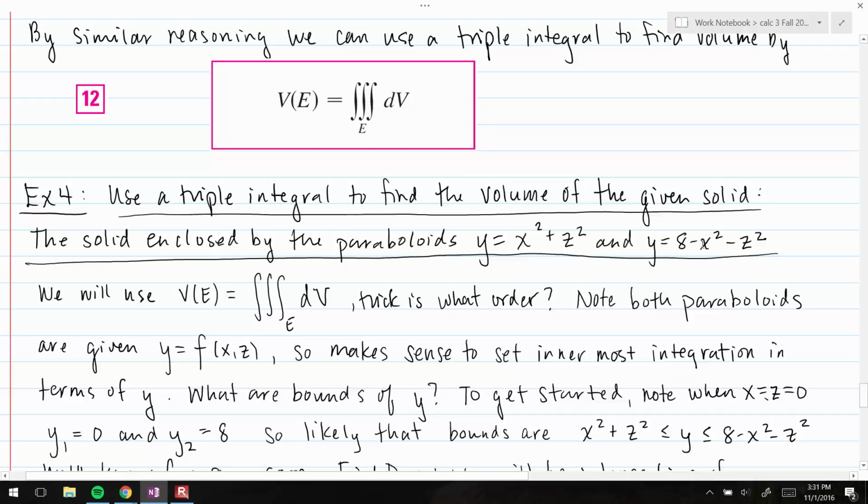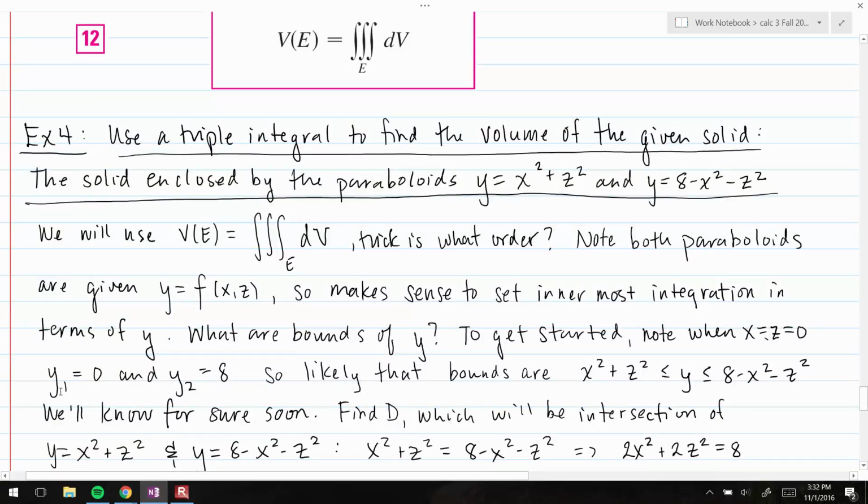For this other one, we have minuses with the x squared and the z squared, and at x and z equal to 0, you get 8. So at x and z equal to 0, the surface that's going to be greater is the second one, because it's 8, and our first paraboloid is 0 when x and z equal 0.